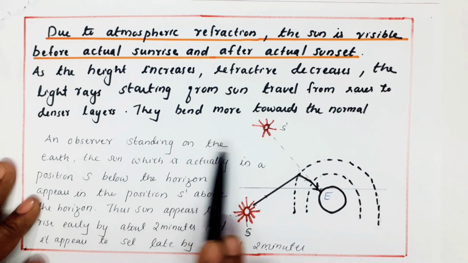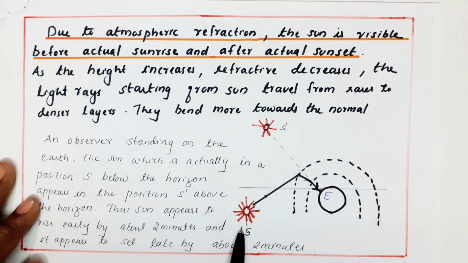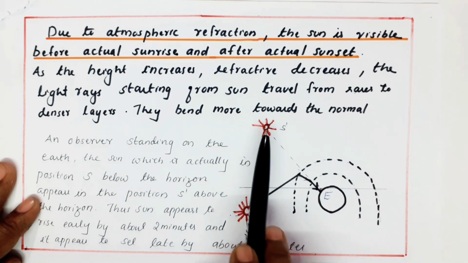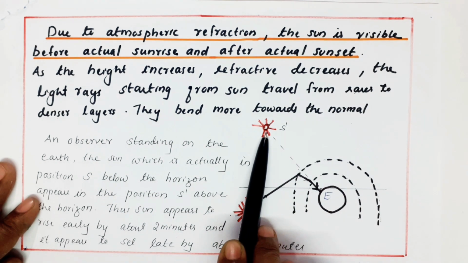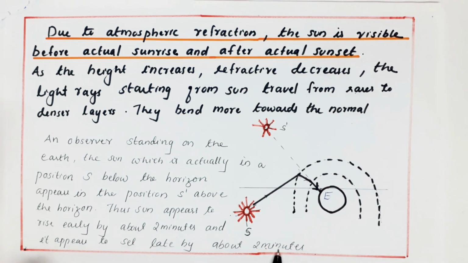So for an observer standing on the earth, the sun, which is actually at position S below the horizon, appears at position S dash above the horizon. Thus the sun appears to rise early by 2 minutes and set late by 2 minutes. It means that in total we feel a 4 minute difference.